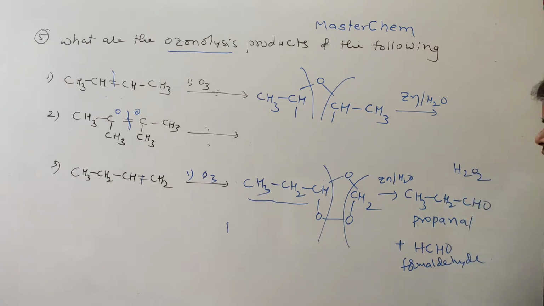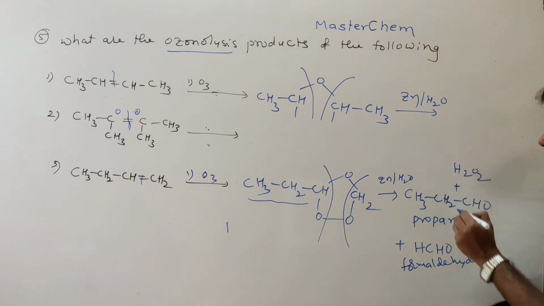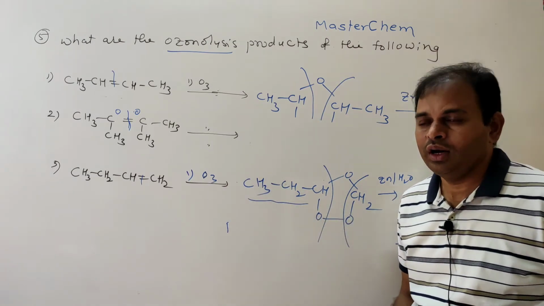H2O2 is also formed. So these three products are formed with the third reaction: H2O2, propanal and formaldehyde.